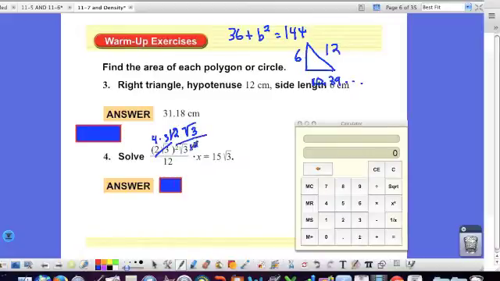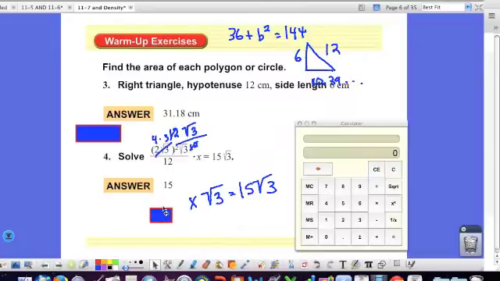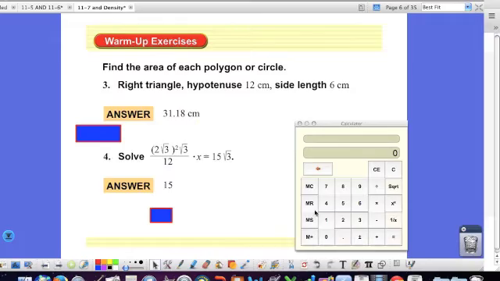So those are going to cancel out. I'm going to have the square root of 3 times x, so x square root of 3 equals 15 square root of 3. So I can see there that x is going to be equal to 15. I know I'm going through these very quickly. We have a lot to do, and for some of you who know how to do all this, I don't want to bore you. So if you need to, pause the video and rewatch what I've just done.